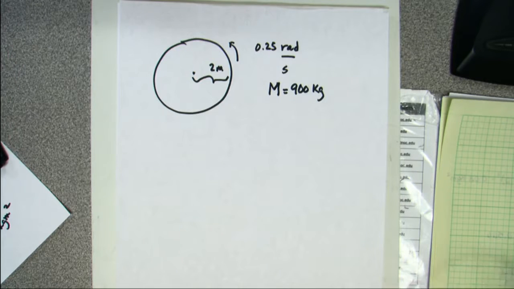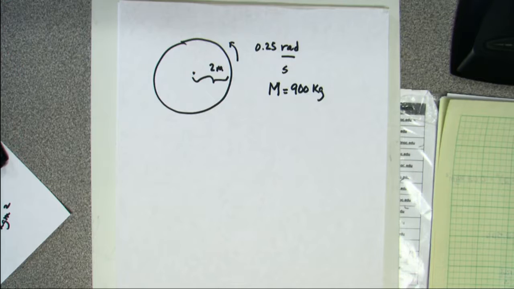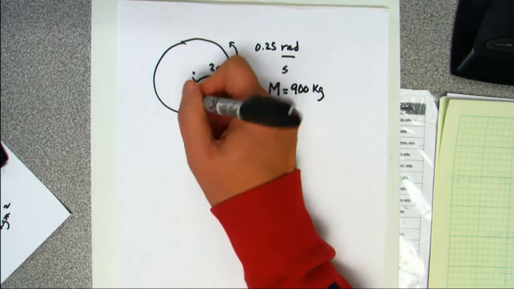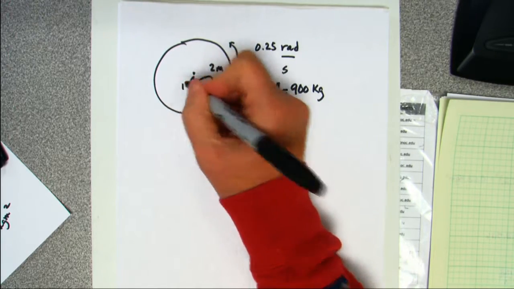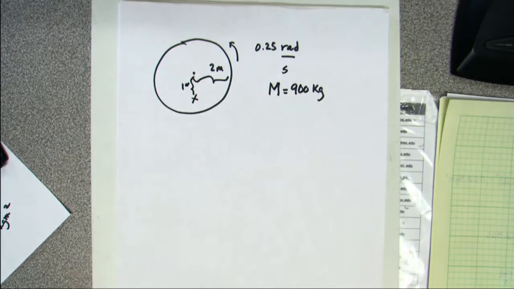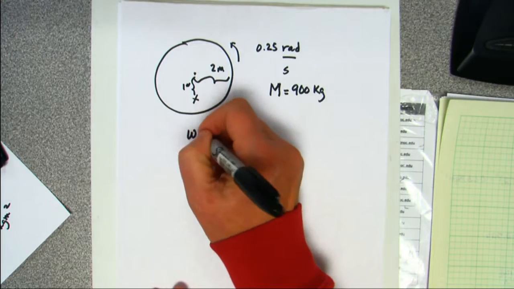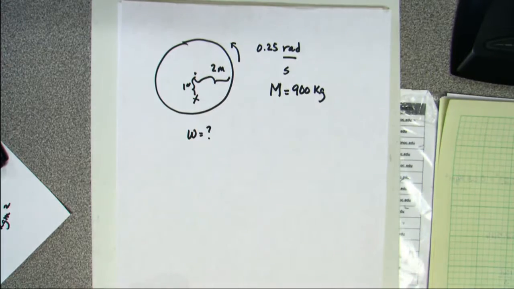And where I'm going to jump on is such that I'm going to be 1 meter from the center. So I'm going to manage to land halfway in between. And we want to find out what the new speed is.